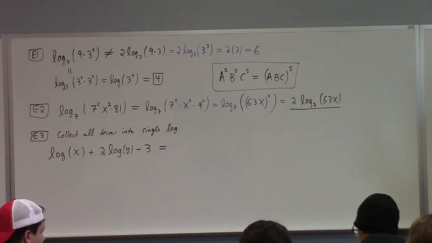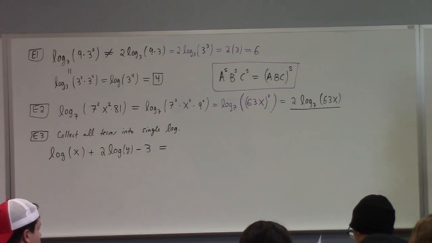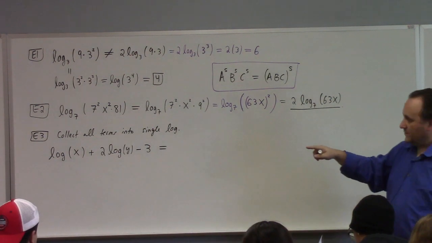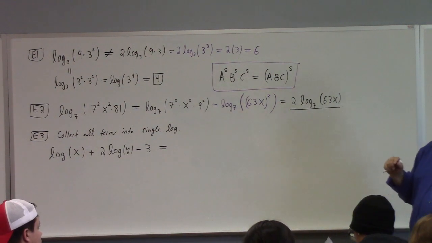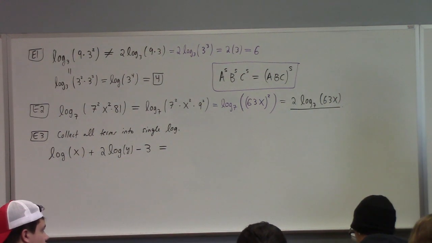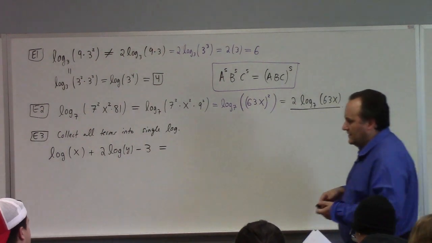Now, first of all here, I need to confess there's some special notation, right? I used log base 7 for example 2. I used log base 3 for example 1. There are really common log notations that you need to know about.